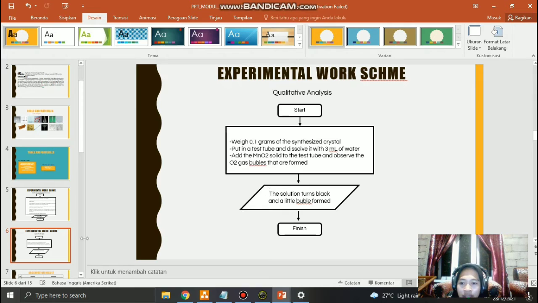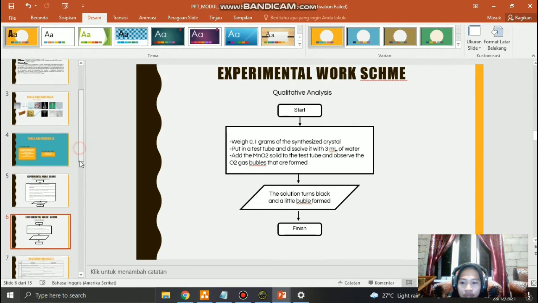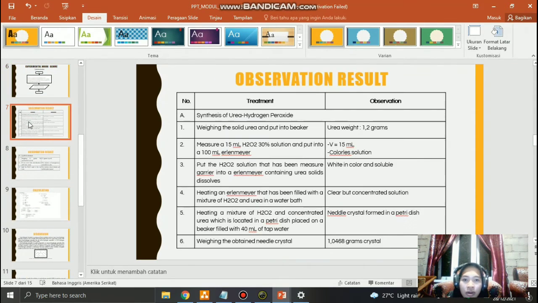Okay, next, observation results. 1. Synthesis of urea hydrogen peroxide. Treatment 1. Weigh the solid urea and put it into a beaker. Observation: urea weight 1.2 grams. Treatment 2.